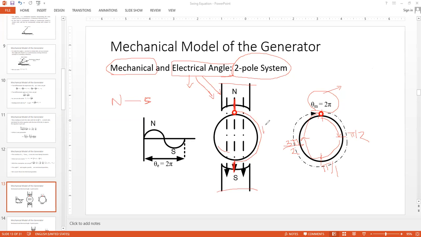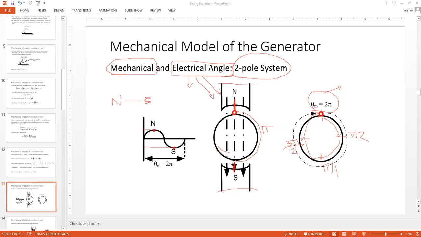This gives you pi, 1 pi movement, meaning it is completely out of phase. In this diagram you can also see this is the peak: at the center of the north pole you have the peak flux density, and at the center of the south pole you have the opposite peak. So it's completely out of phase, and that is a 180-degree travel in the electrical domain.